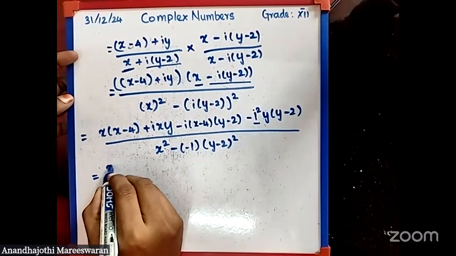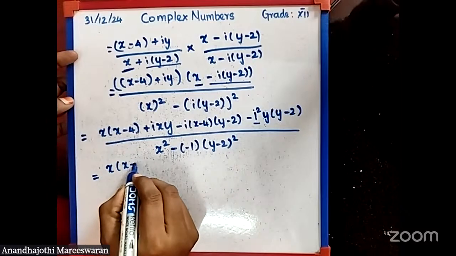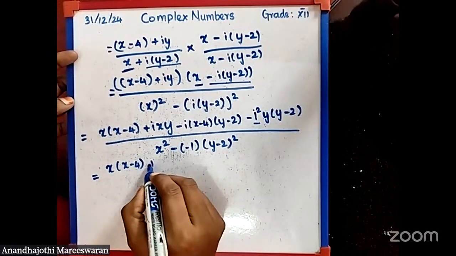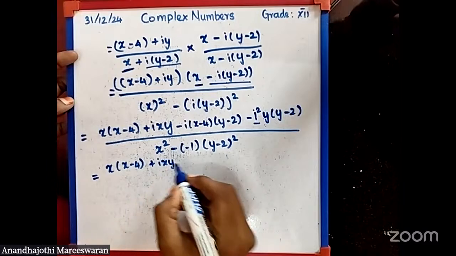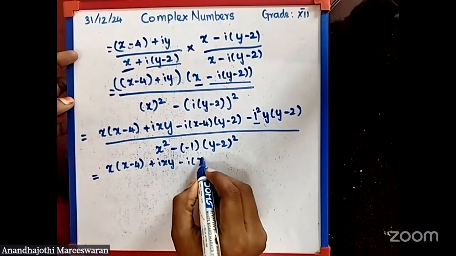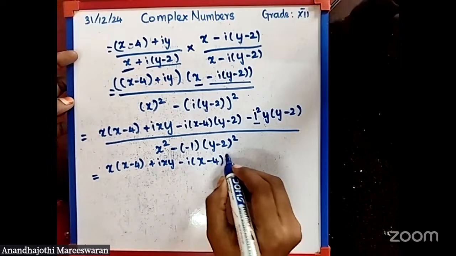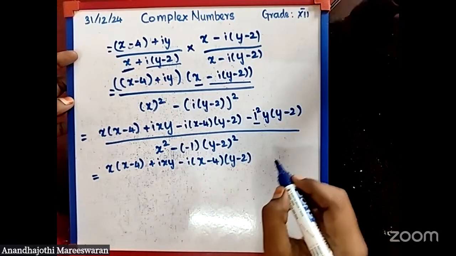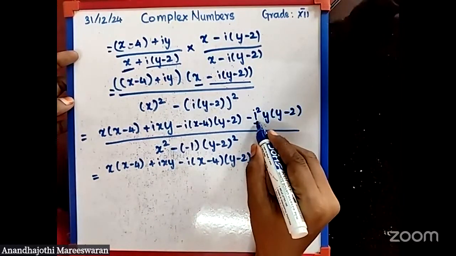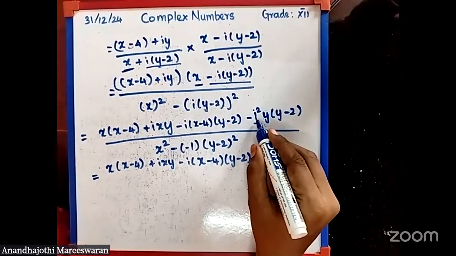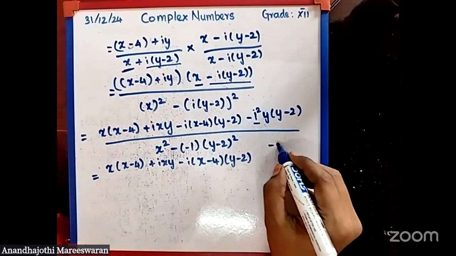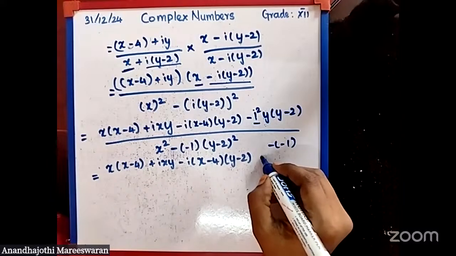Okay. So the value will be x into x minus 4 plus i xy minus i x minus 4 y minus 2. Now we are going to substitute minus 1 in this place. So minus of minus 1 will be plus, right?